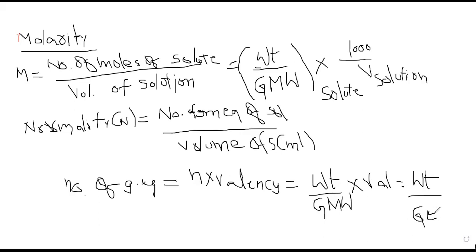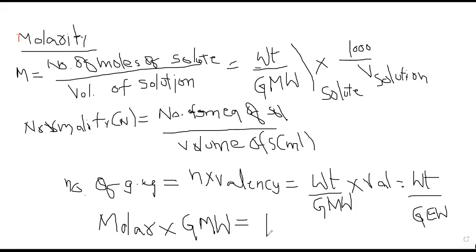Finally, what is the relation between molarity and normality? Molarity into gram molecular weight, GMW, is equal to normality into gram equivalent weight.